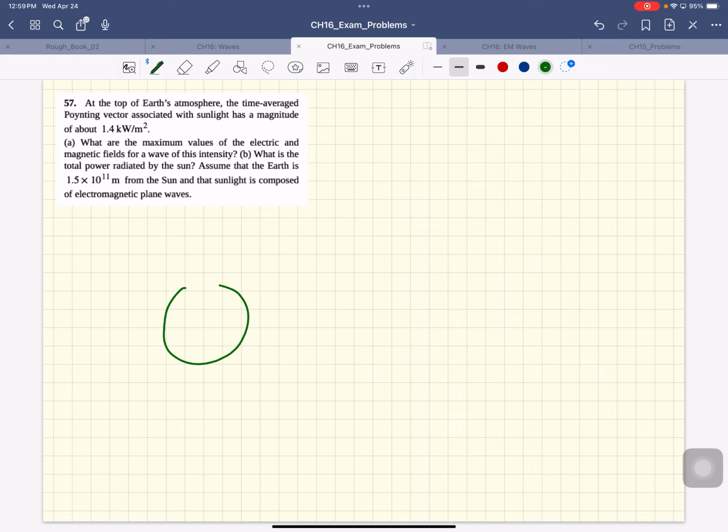Here is the Earth, here is the atmosphere, and the intensity at the top of the atmosphere is 1400 watts per meter squared. What does that mean? Here's a square meter, and on this much area, 1400 watt bulbs are shining. That's how much sunlight is falling.